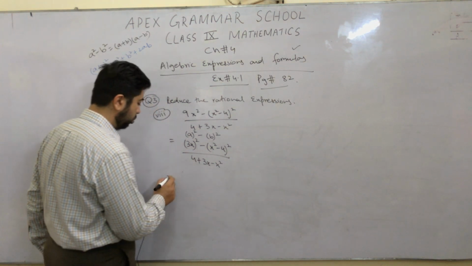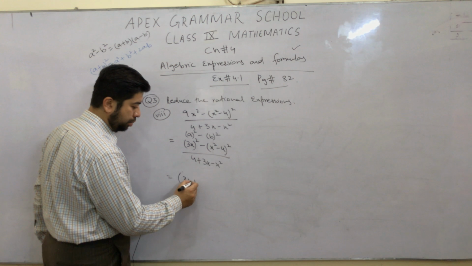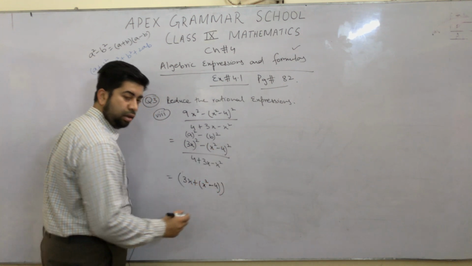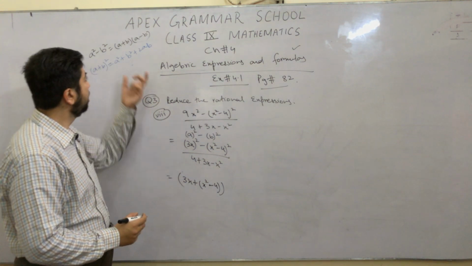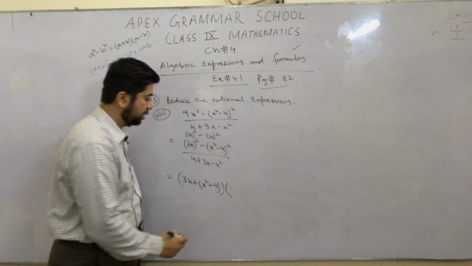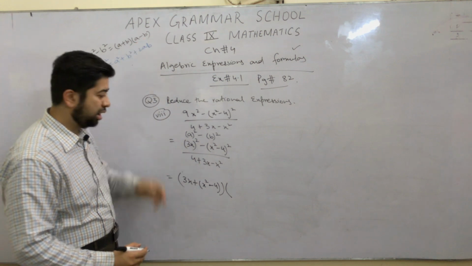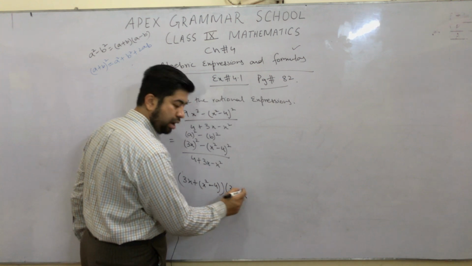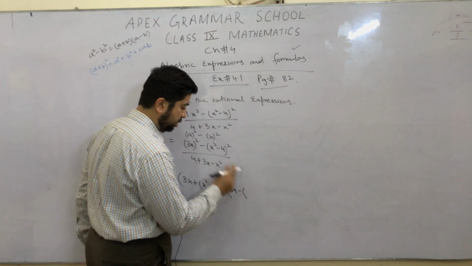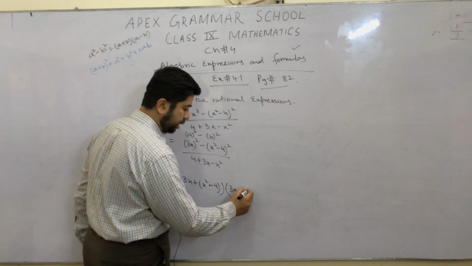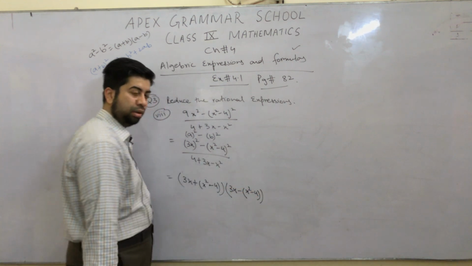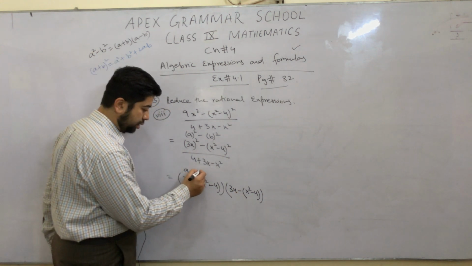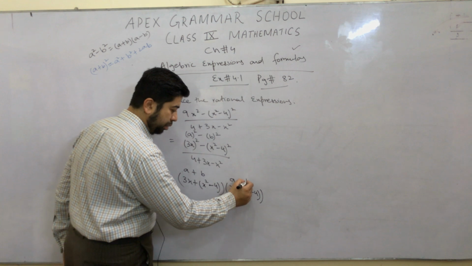So open it: 3x plus, in brackets, x square minus 4. This is just like a plus b, and after that you have to write it in the form of a minus b. So the value of a here is 3x, and minus, after the minus sign you have to put a bracket, and the value of b, that is x square minus 4.